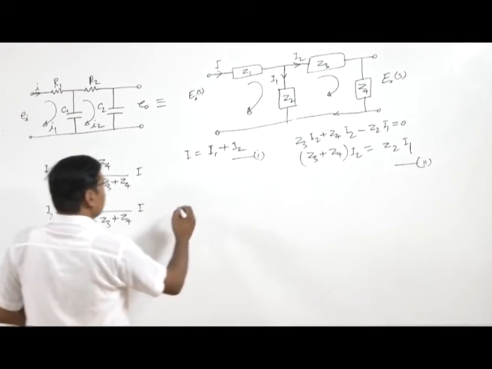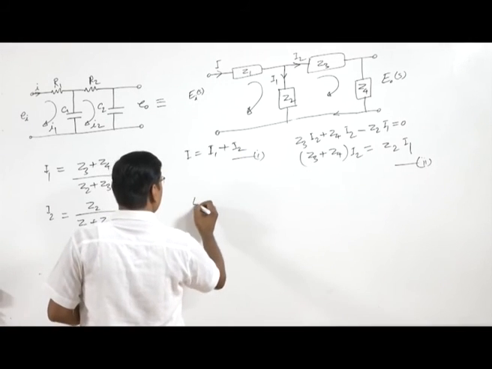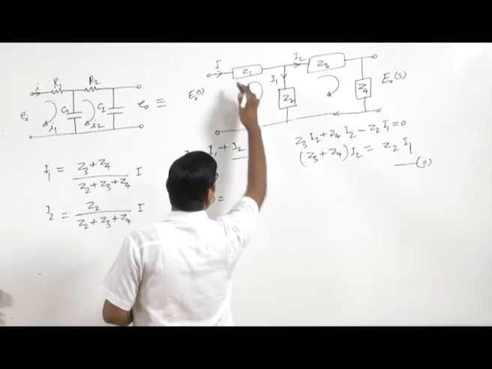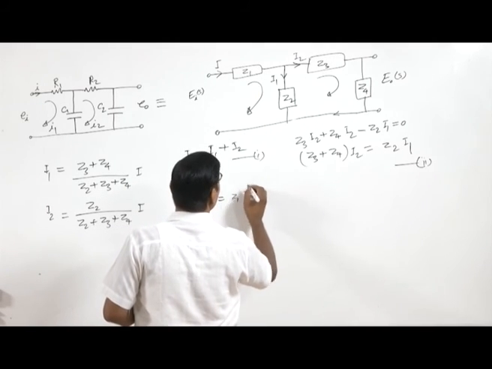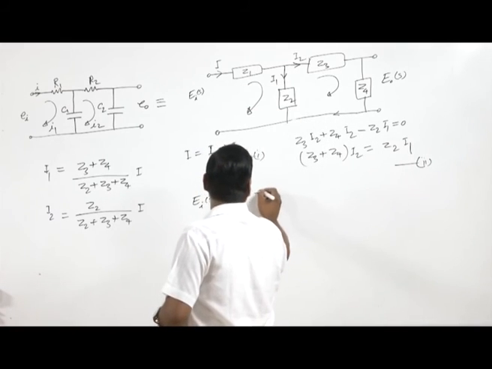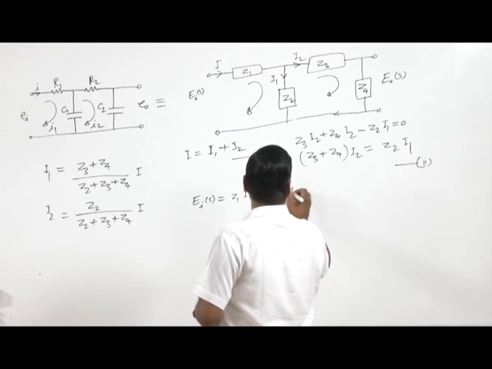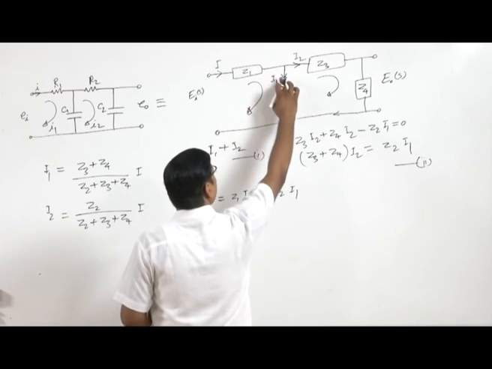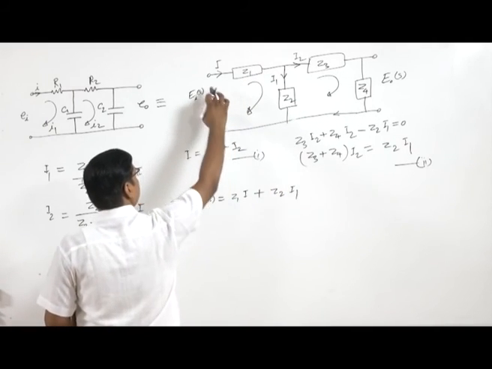Now EIS, for this first loop, EIS equal to Z1 into I plus Z2 into I1, because there is the voltage drop here and here is the voltage gain.